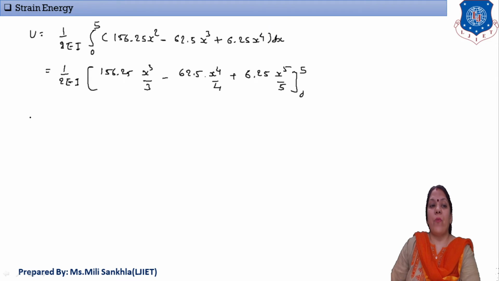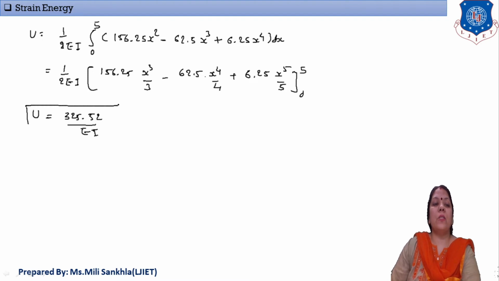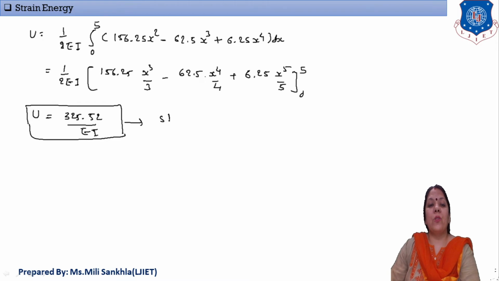Replace x with 5. Now my final answer U is equal to 325.52 divided by EI. And this is the strain energy due to UDL load.